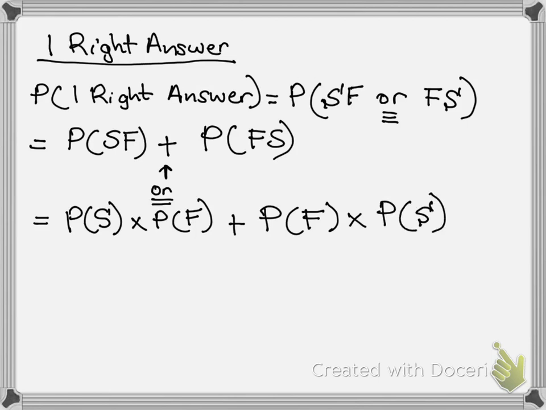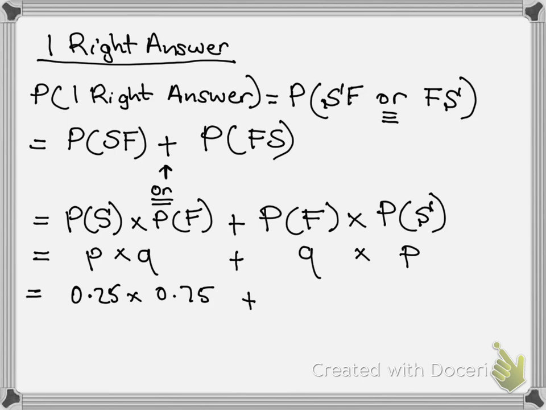Again, probability of success is P, and probability of failure is Q. So that's P times Q plus Q times P. P is 25% and Q is 75%, so 0.75 times 0.25.